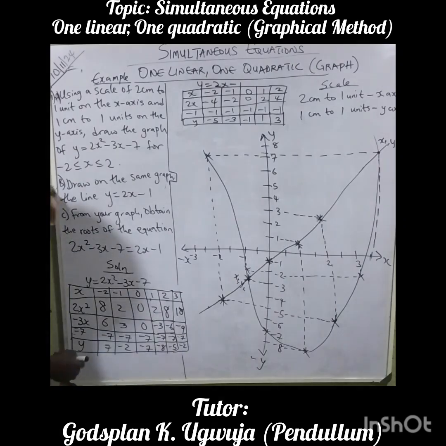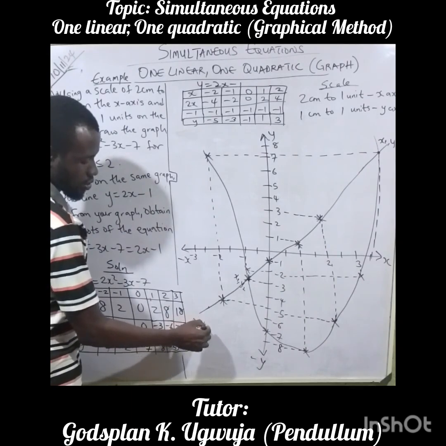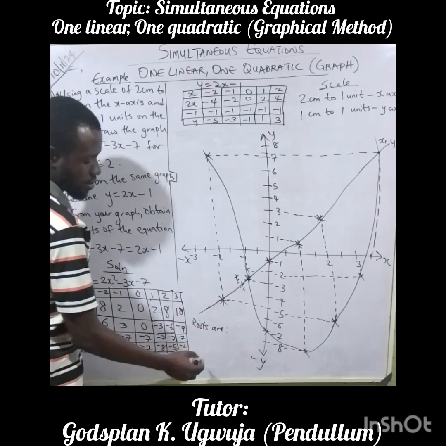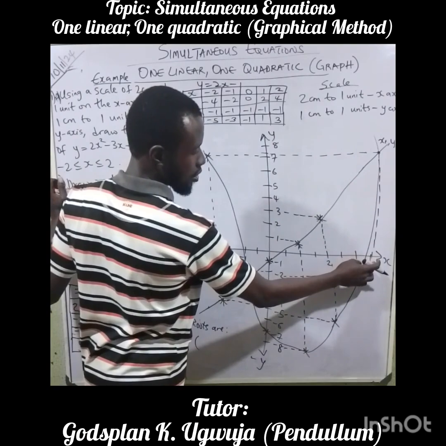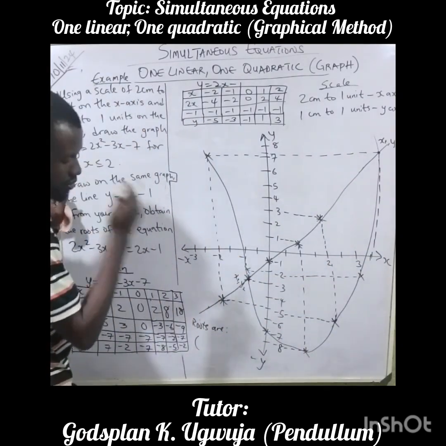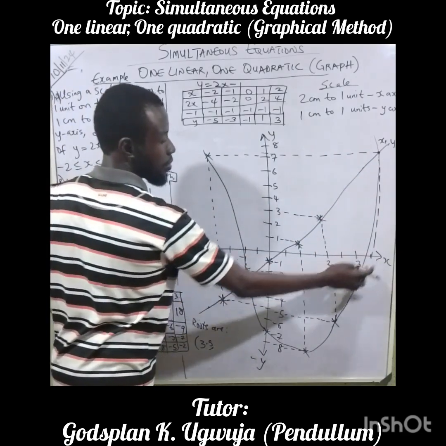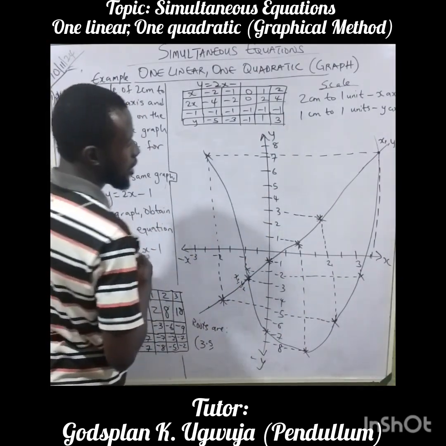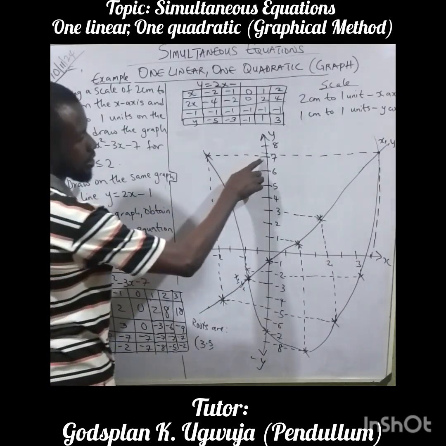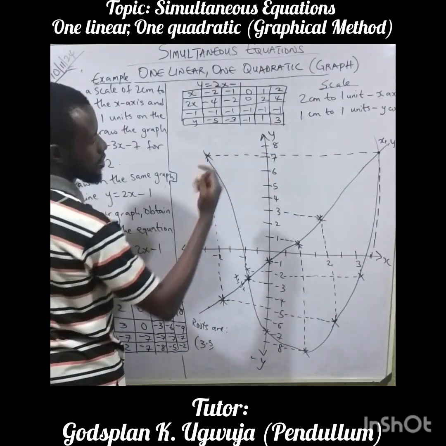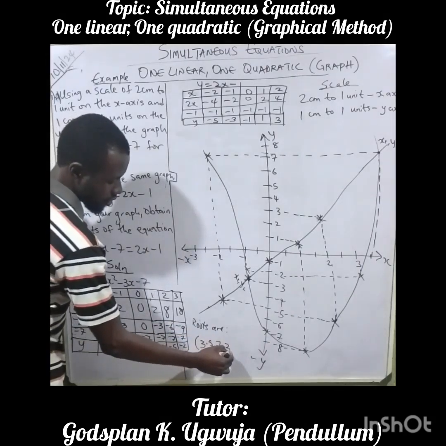So we have that our roots are, for this one, about 3.5 for x, and for y, I'll say about 7.3 or so, because this is 7, this is 8, half of it is about 7.5. So let me take that place as 7.3.